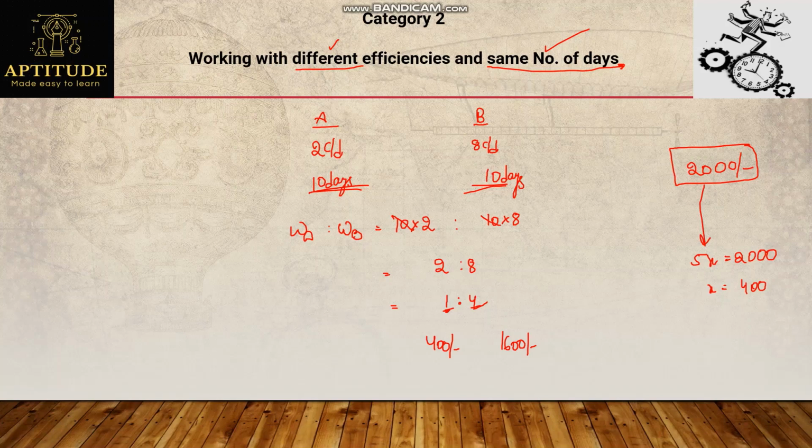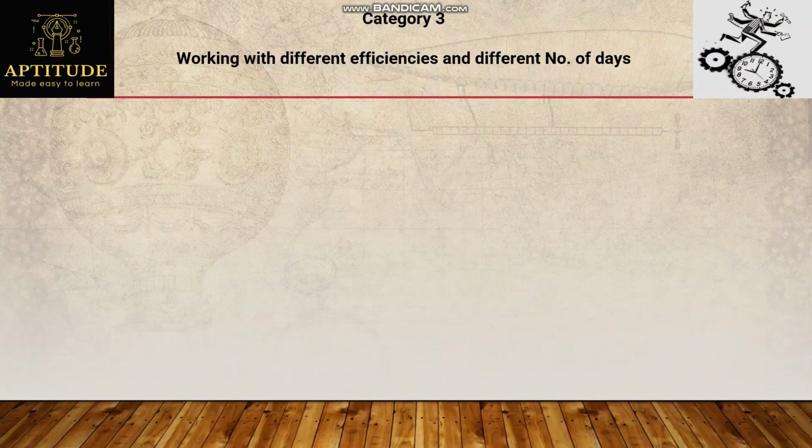And coming to the next category, working with different efficiencies as well as different number of days. Which means here efficiencies will be different. They can eat different number of chocolates and they also work for different days. For example, A can eat 5 chocolates per day while B can eat some 8 chocolates per day.